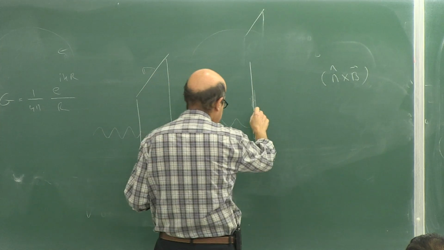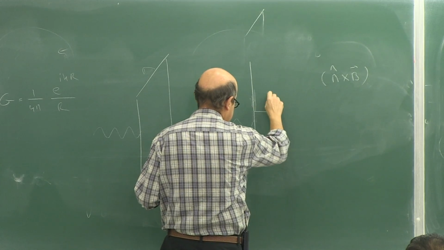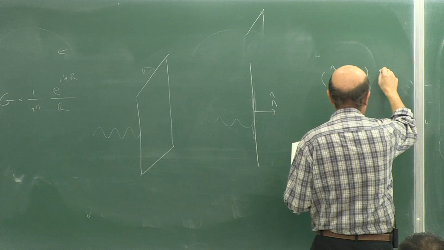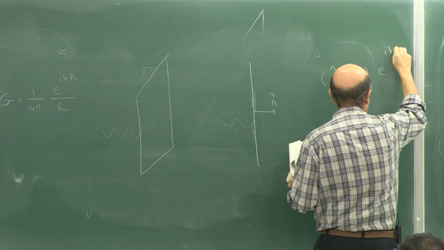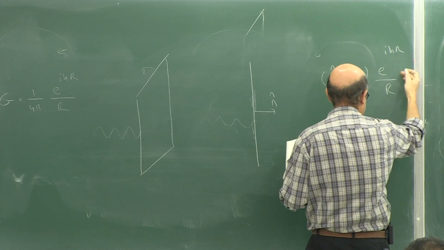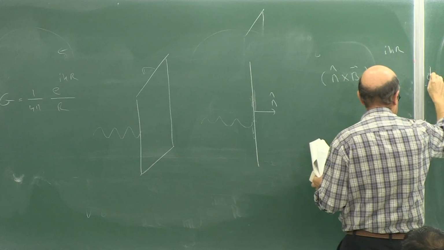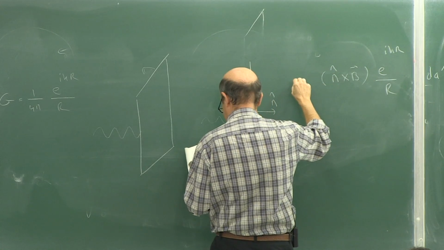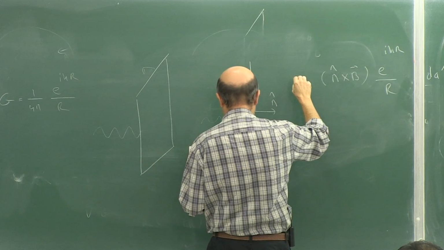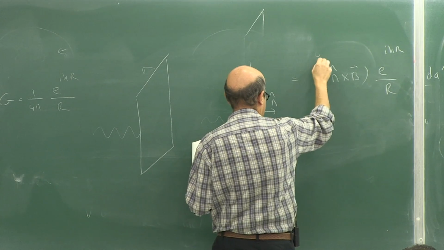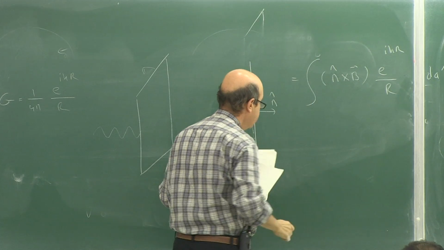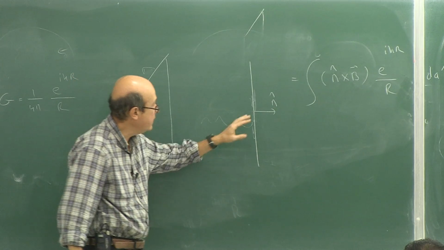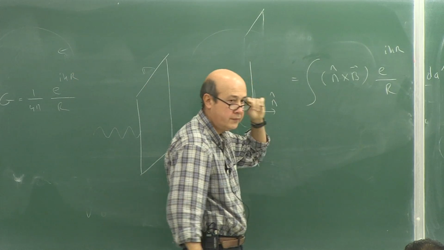So N is a vector perpendicular to the surface, and if you multiply this by the Green's function and integrate through the whole surface, what are you going to obtain? What is the left-hand side? What do you think the left-hand side is proportional to?